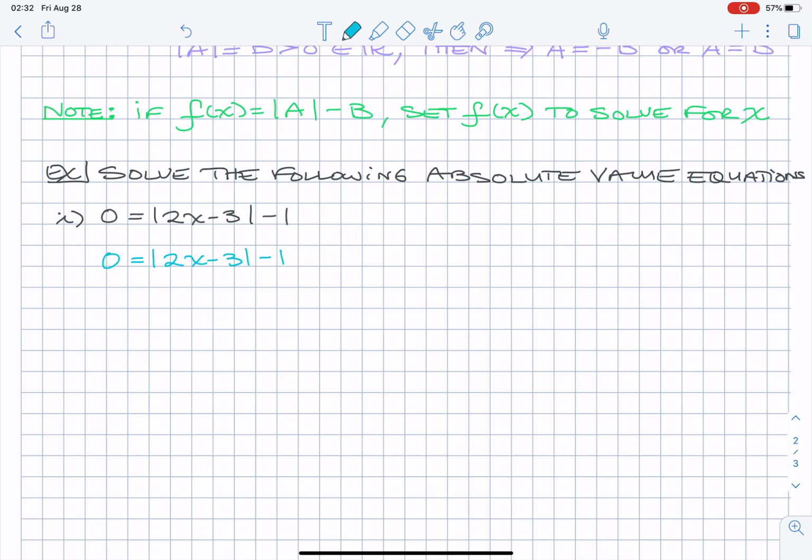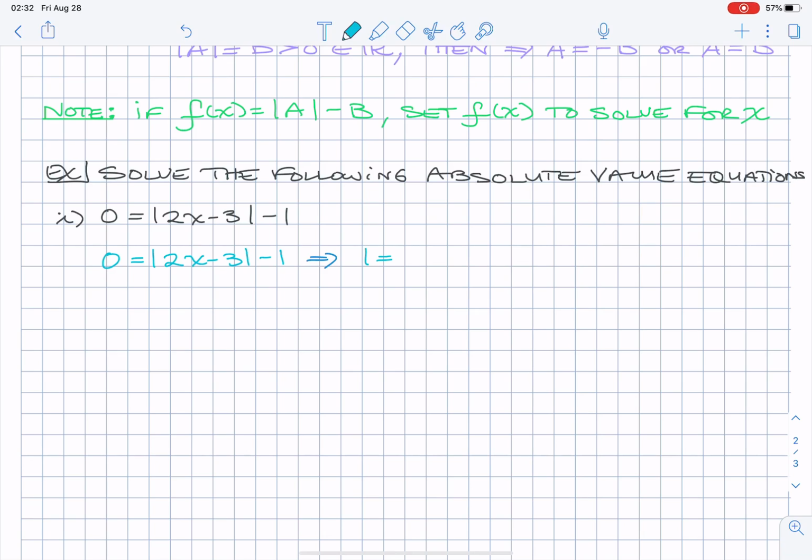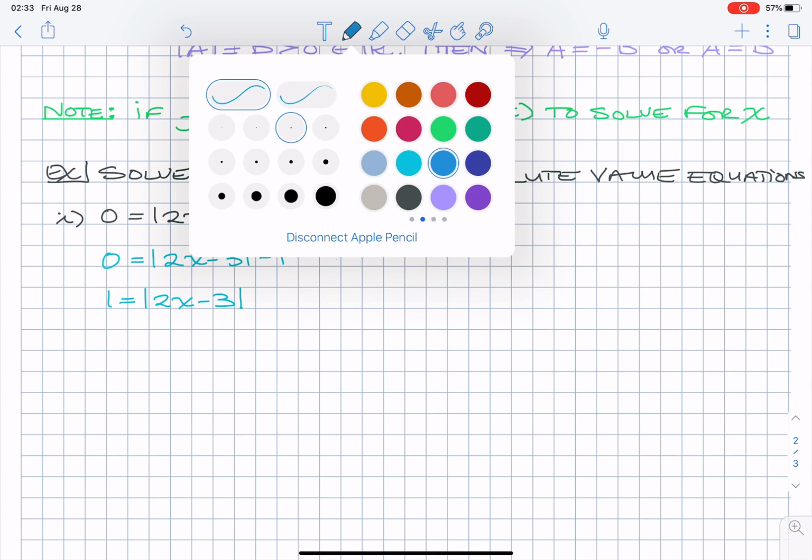So we're going to add 1 to both sides. So this gives us 1 is equal to the absolute value of 2x minus 3. Actually, do you know what I'm going to do? I'll put that underneath, because now I will use my implication.